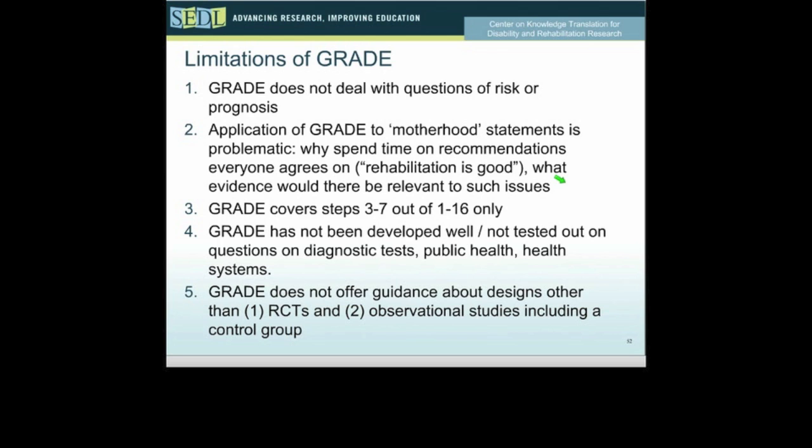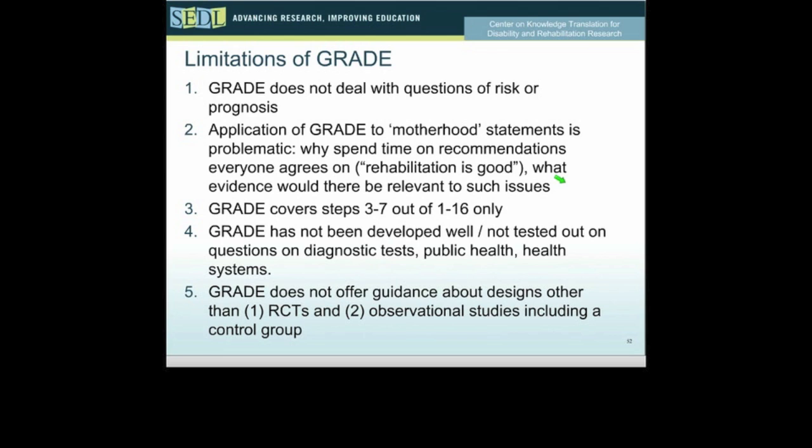We tend to talk about motherhood and apple pie, what's wrong with them. And if you have questions about that, what's the evidence that rehabilitation is good? That's such a duh question that if you want to find evidence for it, GRADE may not necessarily be very helpful.